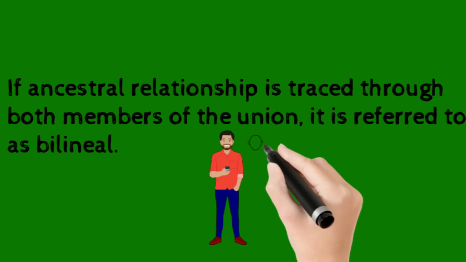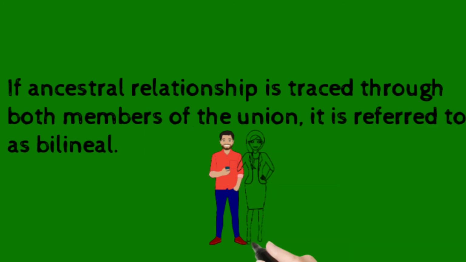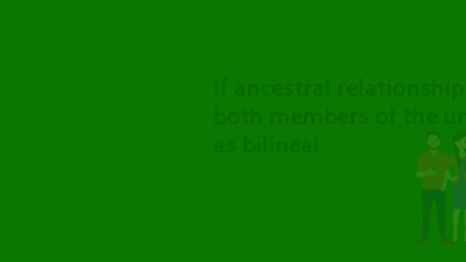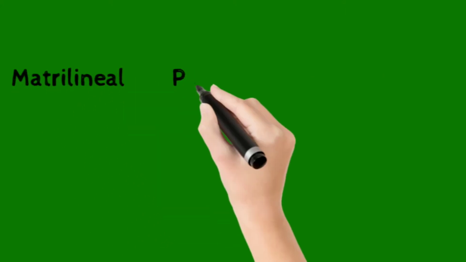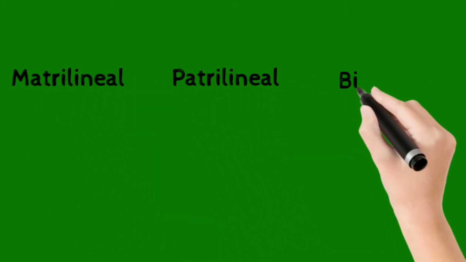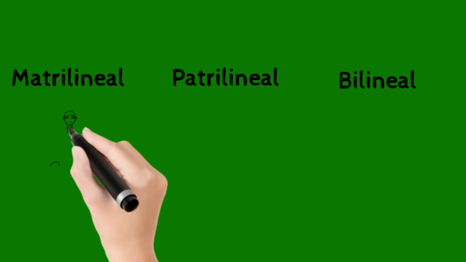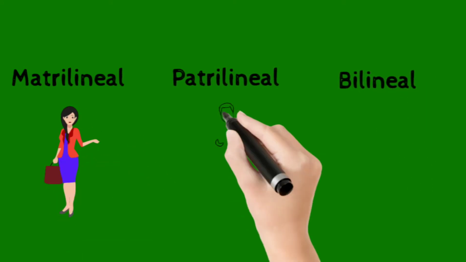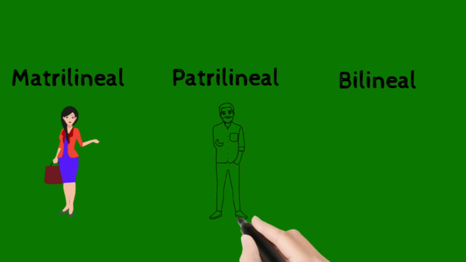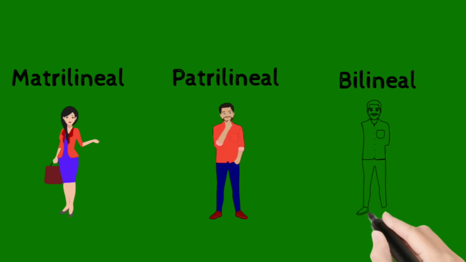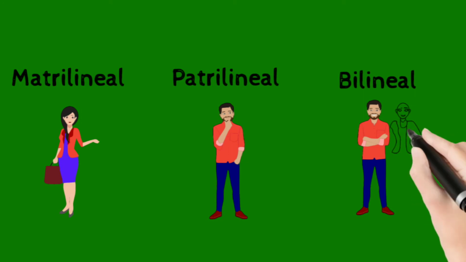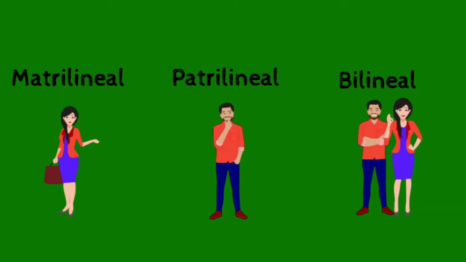Please remember, what we're doing here is tracing your bloodline, your ancestral line. These are the 3 terms we use to separate how we trace family lineage. Matrilineal, if traced through the wife's side of the family. Patrilineal, if through the father's or the husband's side. And bilineal, if through both persons in the marriage, the man and the woman.